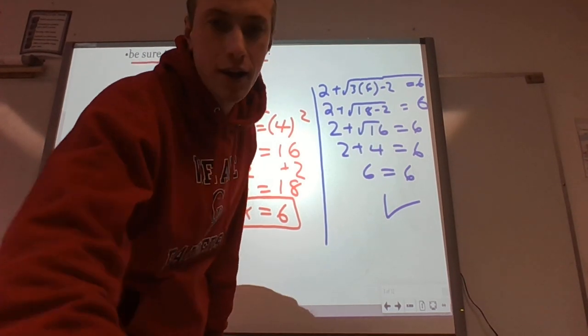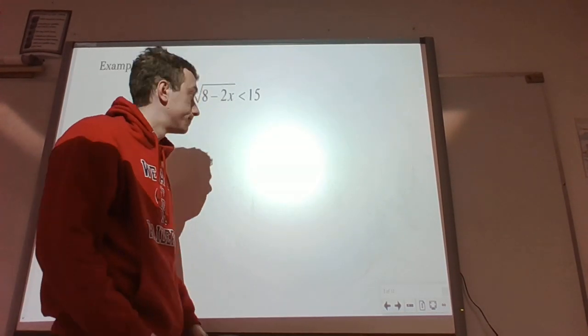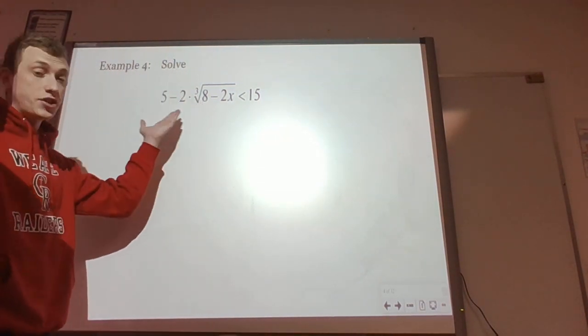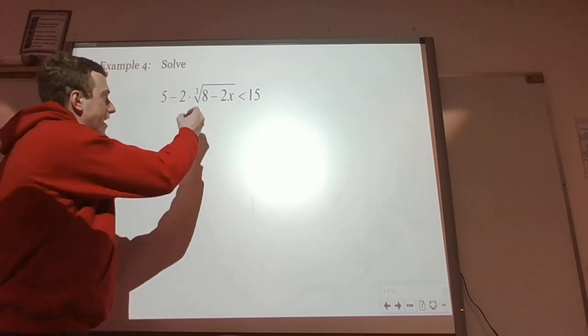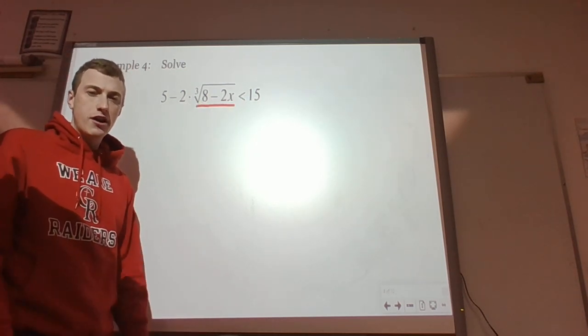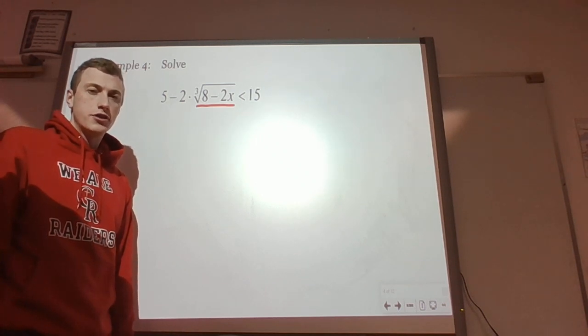Okay, let's just move on with another example. So this one involves a cube root, but again the idea is the same. We simply need to isolate that part involving the cube root in order to solve this problem.